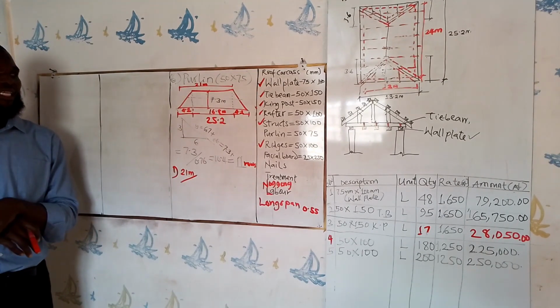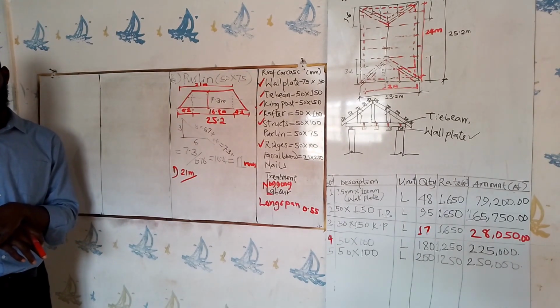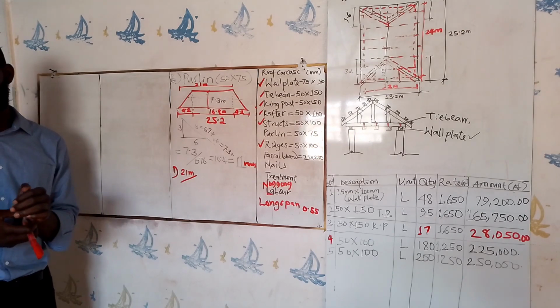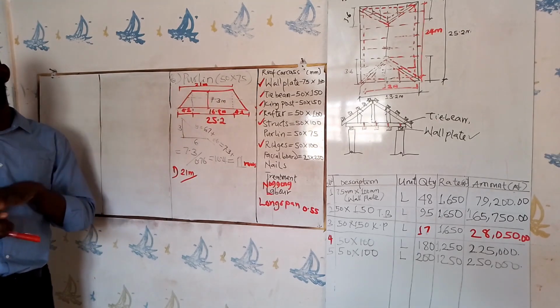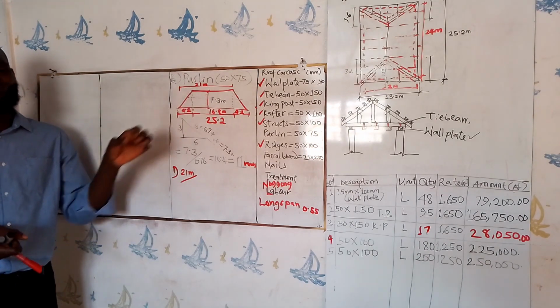We need to decide, as that will guide us in what we are doing. So if it will end on each of the rafters, it means the length we are going to use has to be 2.4.